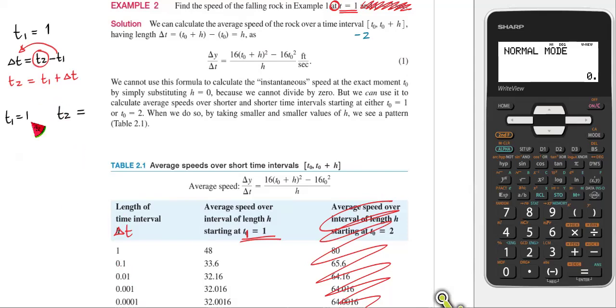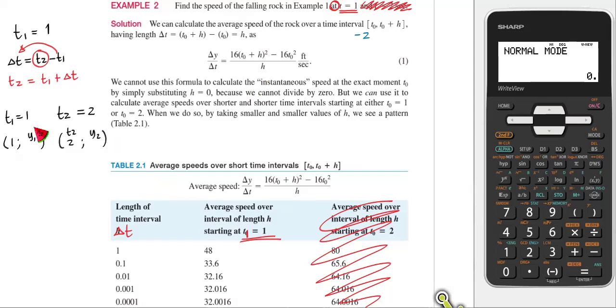So if I increase T1 by 1, T2 will be 2. We good, right? Then I must have T1 and get the Y1 value there. Then I must have T subscript 2, which is 2, and get the Y2 there. And then I want a 0 at the bottom.